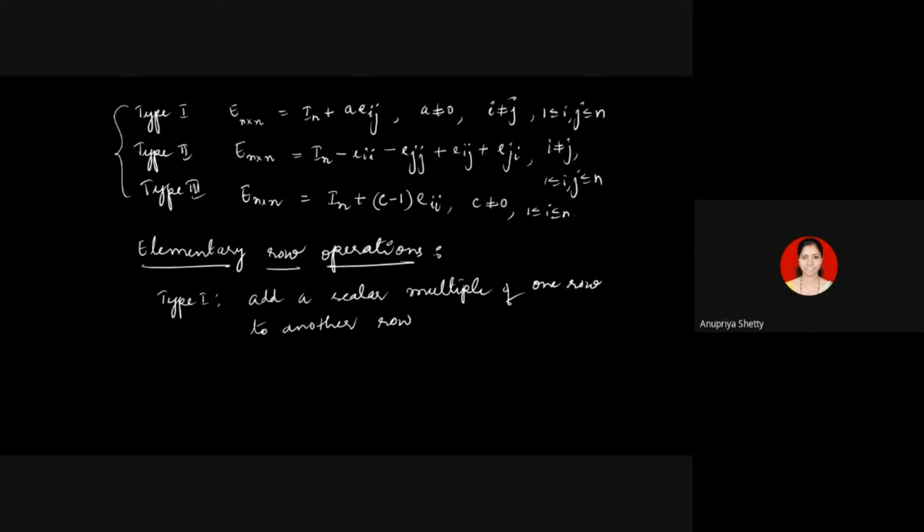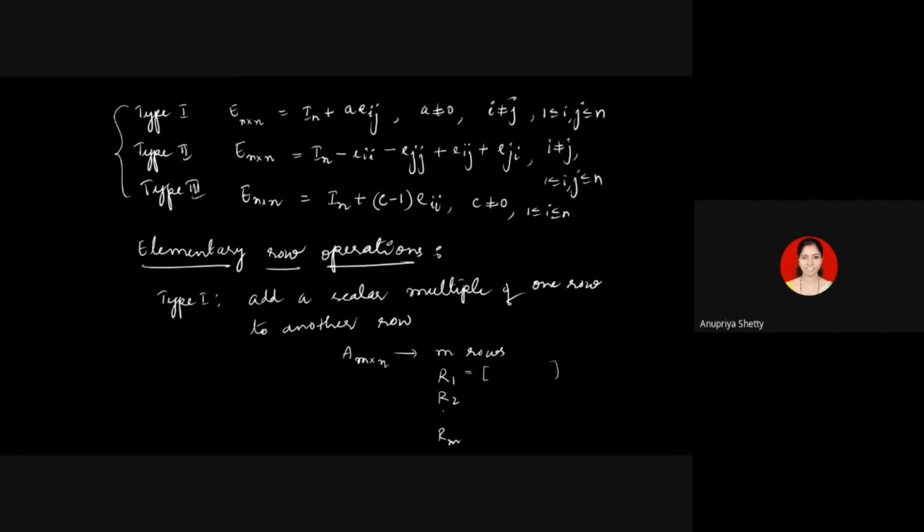Suppose I take a matrix A of order m by n. Then how many rows does A have? It has exactly m rows, right? I am denoting the rows as R1, R2, etc., Rm. The entire row is denoted by R1. It has n entries. Remember, the first row has n entries, the second row has n entries, and so on.